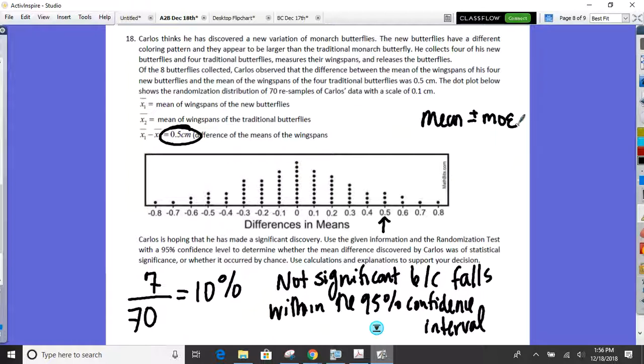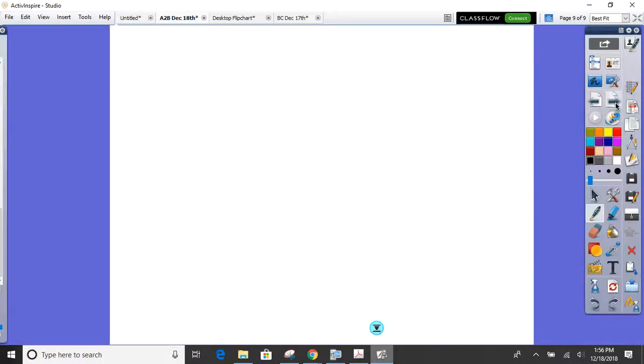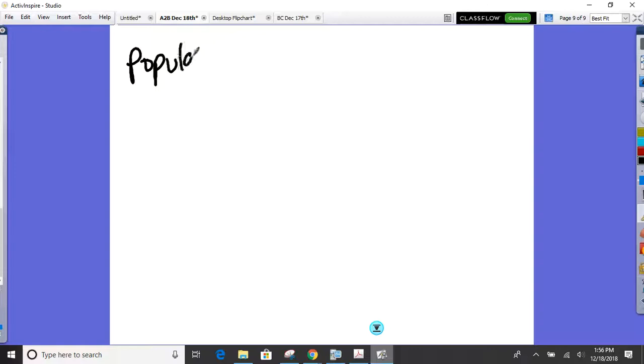It's the previous one. It's called 19, even though this was just 18, I know. And that is population versus sample, because I do ask one of those questions tomorrow. I'll give you a scenario. Population. And what's the sample?